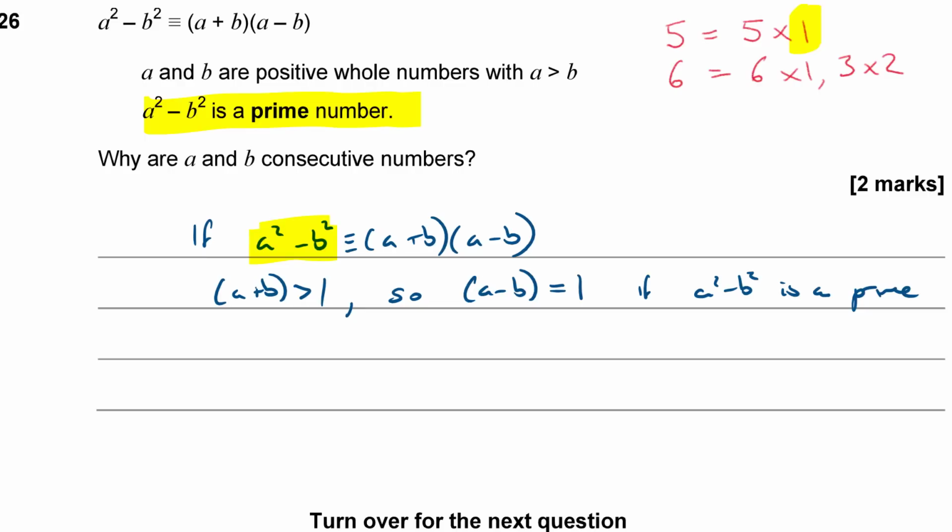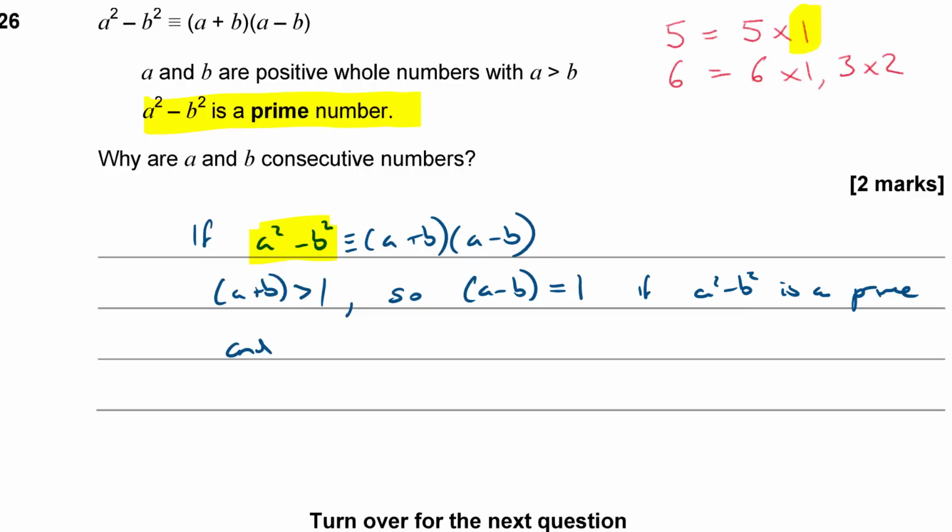So it must be that a minus b is equal to 1 if a squared minus b squared is a prime, because if it's not 1, then we've got another factor pair, so the number can't be prime. So if a minus b is 1, that means that a and b must be consecutive.